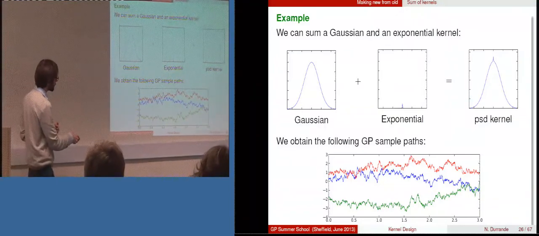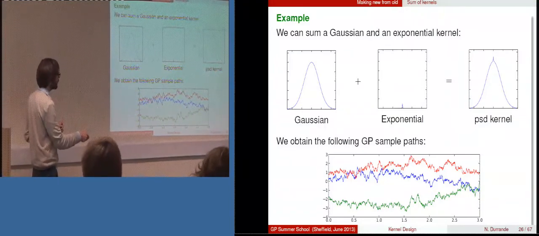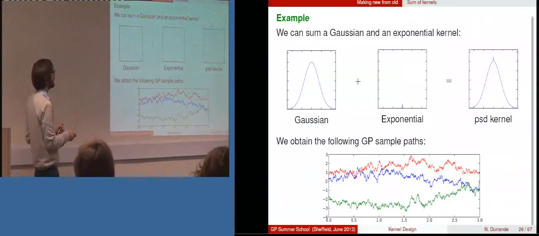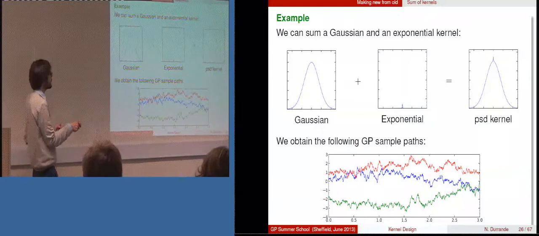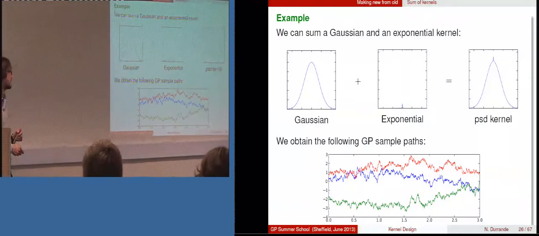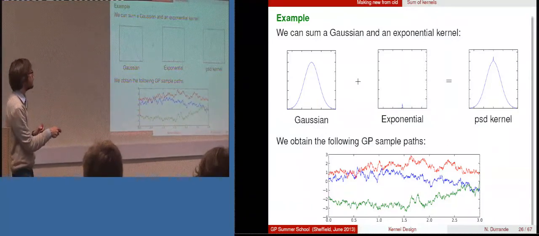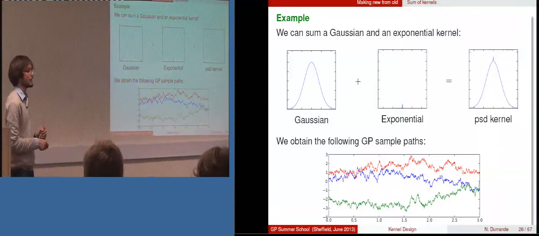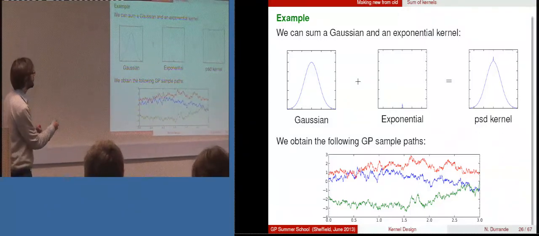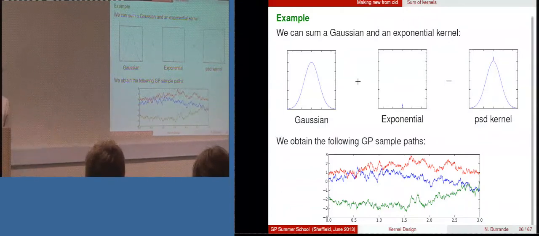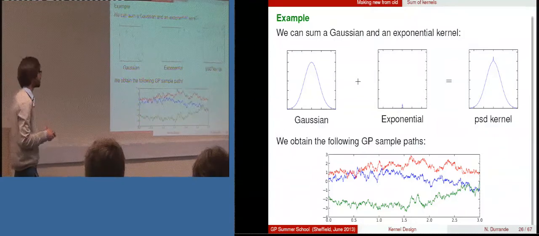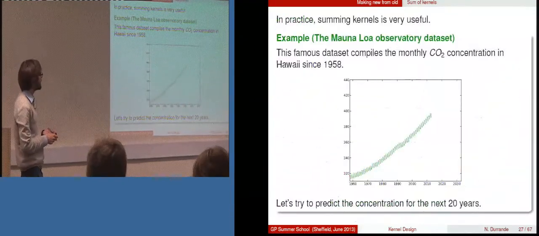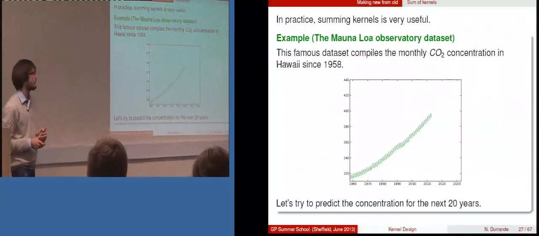You can see there is some kind of long-range effect given by the Gaussian, and some small variations that correspond to the exponential. That's why I took a very small variance for the exponential kernel. Otherwise, we wouldn't have been able to see the smooth effect behind the noisy function. So in practice, it's very useful to sum kernels.